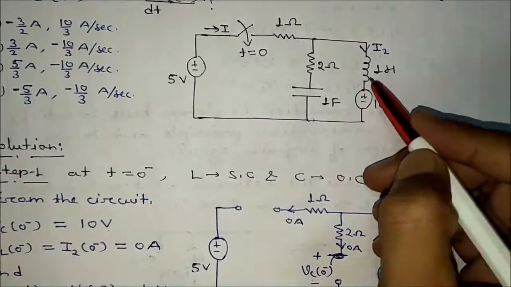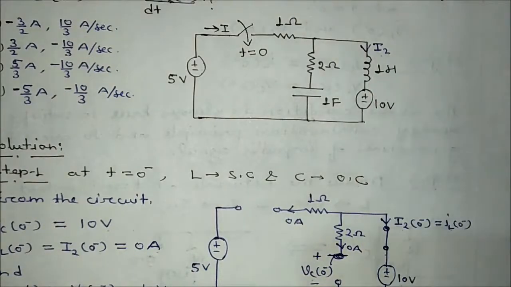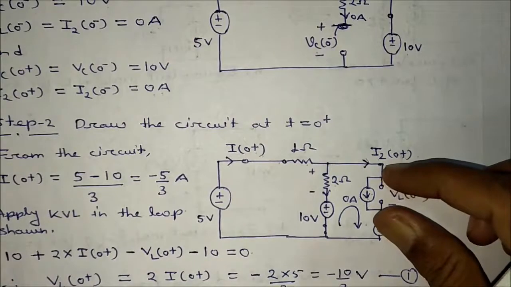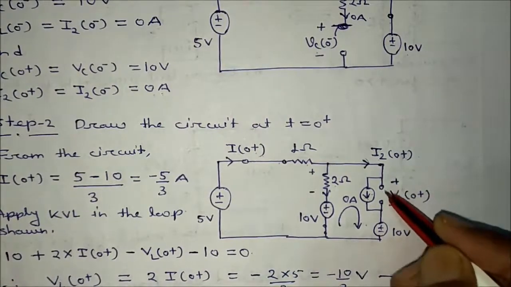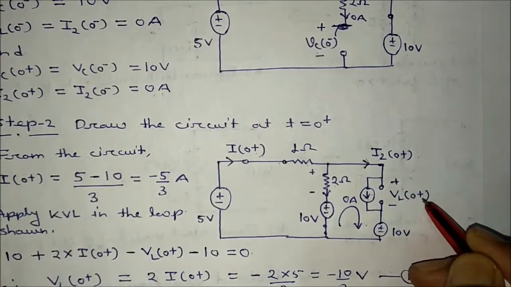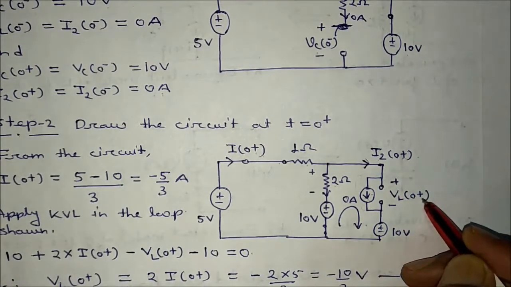If some amount of current is flowing in the inductor, VL is equal to L dI by dt. If current is known in the inductor, you can find the voltage VL is equal to L dI by dt. What is this voltage? This is the inductor representation, that means this voltage is VL 0 plus, the inductor voltage at t equal to 0 plus.